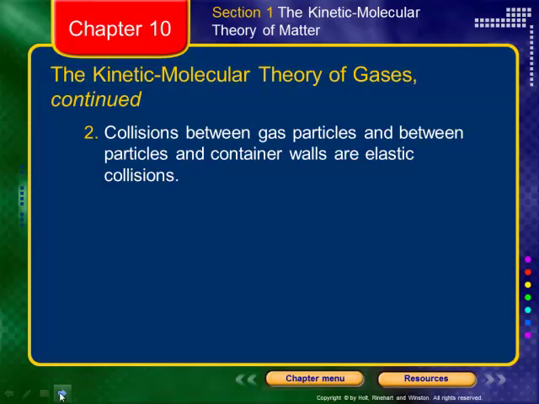Collisions between gas particles and between particles and the container walls are elastic collisions, and what this means is that no energy is lost. So as the particles bounce off of the walls, they don't lose any energy. Now, if you take a baseball or a basketball and throw it against the wall, it's not going to come back to you at the same speed. Many of you have done this in the gym.